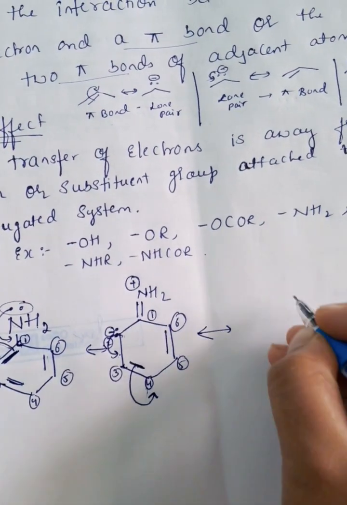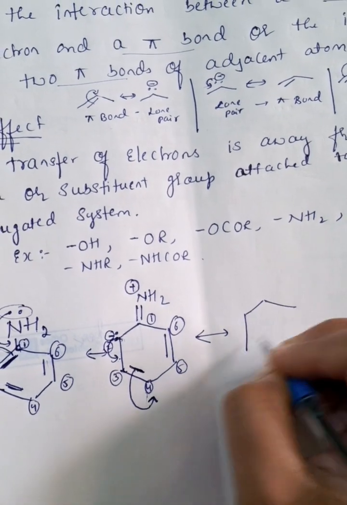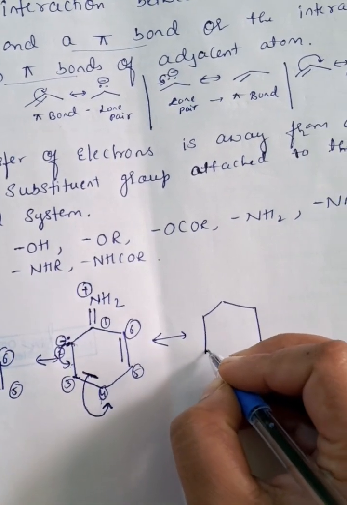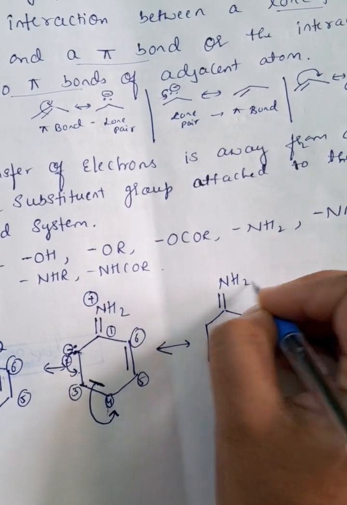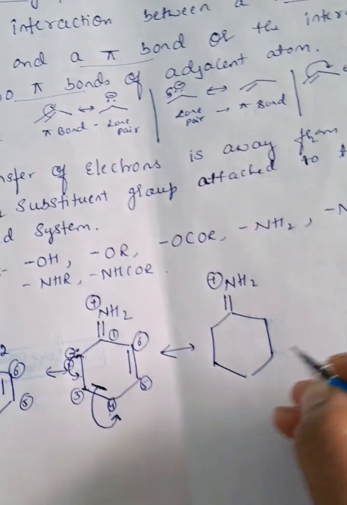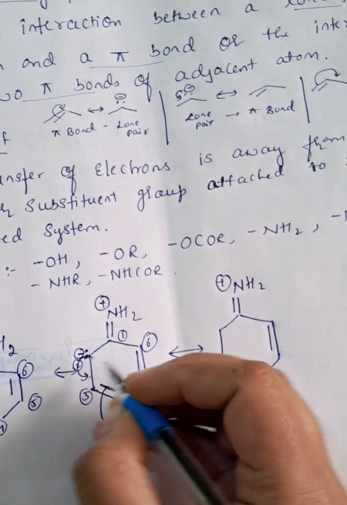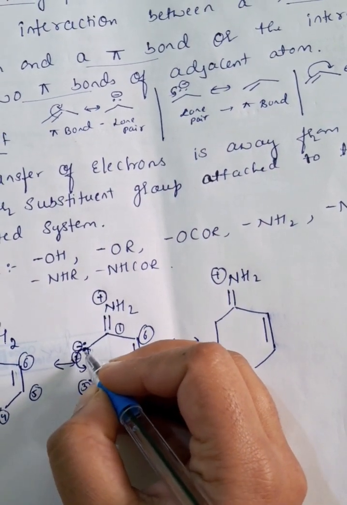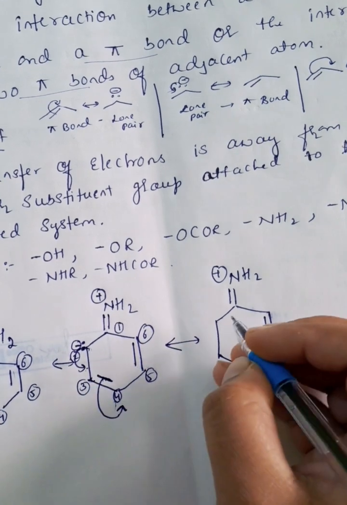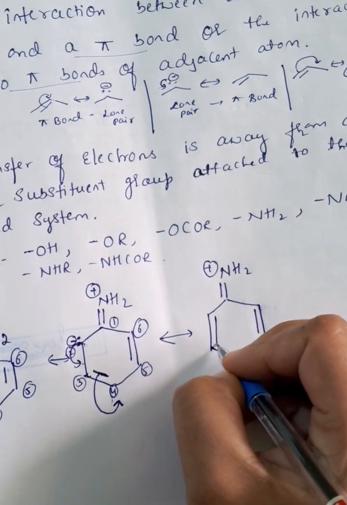Now let's go with the next resonating structure. Let's make sure everything remaining is written as it is. What is not disturbed? This is not disturbed. Now you can see that the electrons from carbon 2 are shifted between carbon 2 and carbon 3, so can I put a double bond there? Yes.